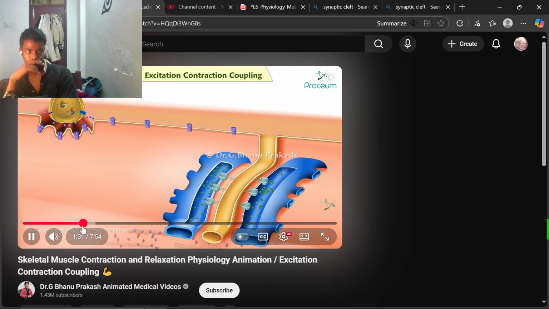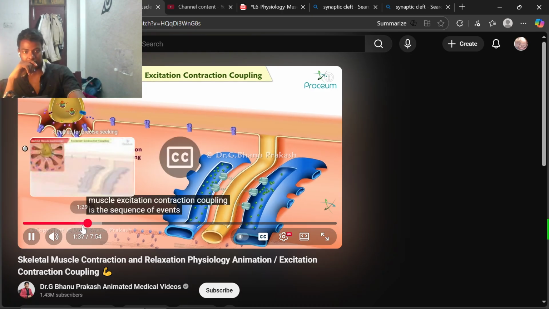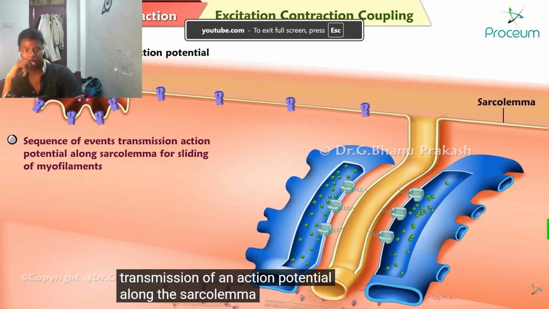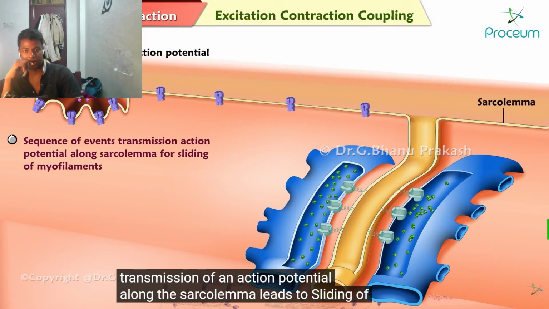Excitation-contraction coupling of skeletal muscle. Excitation-contraction coupling is the sequence of events by which transmission of an action potential along the sarcolemma leads to sliding of myofilaments.